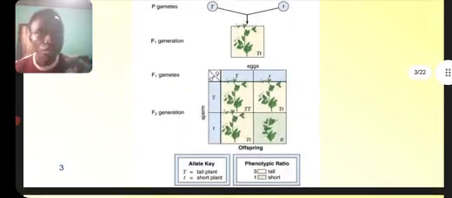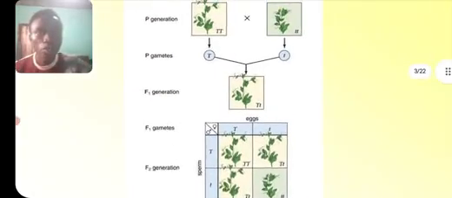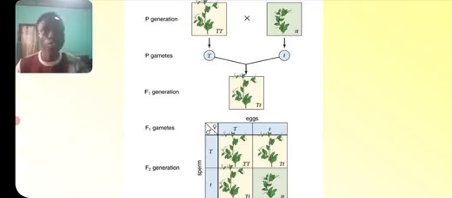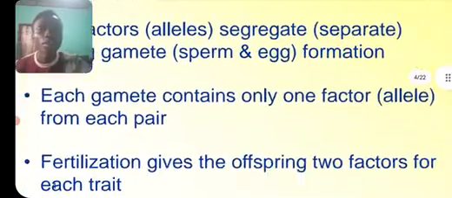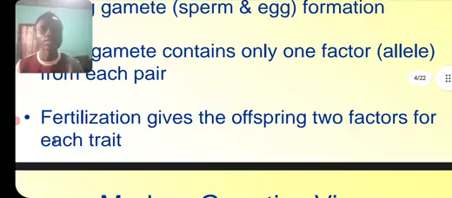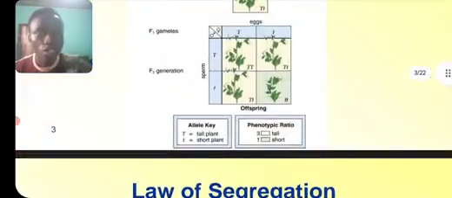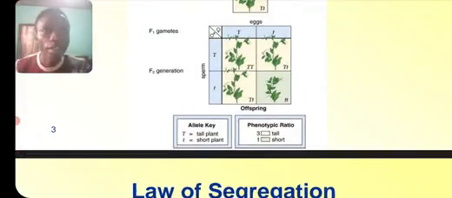If you look at this, there's supposed to be two capital T's, and now you can see that only one factor goes into the gamete. So we're seeing only one small t in the circle. That is the representation of the gamete, only one factor. The fourth thing is that fertilization gives the offspring two factors for each trait. If you see the offspring in the Punnett square, each has one factor from each side.